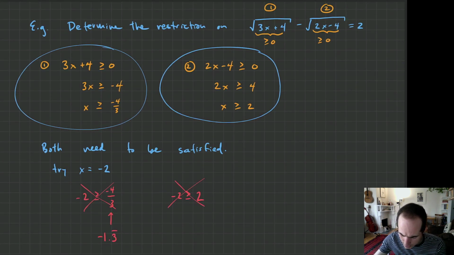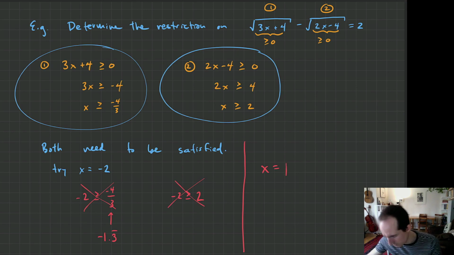Let's try another number. Let's try x equals 1. Let's see if this satisfies both of these inequalities. So let's try this first one. Is x equals 1 greater than or equal to negative 4/3?